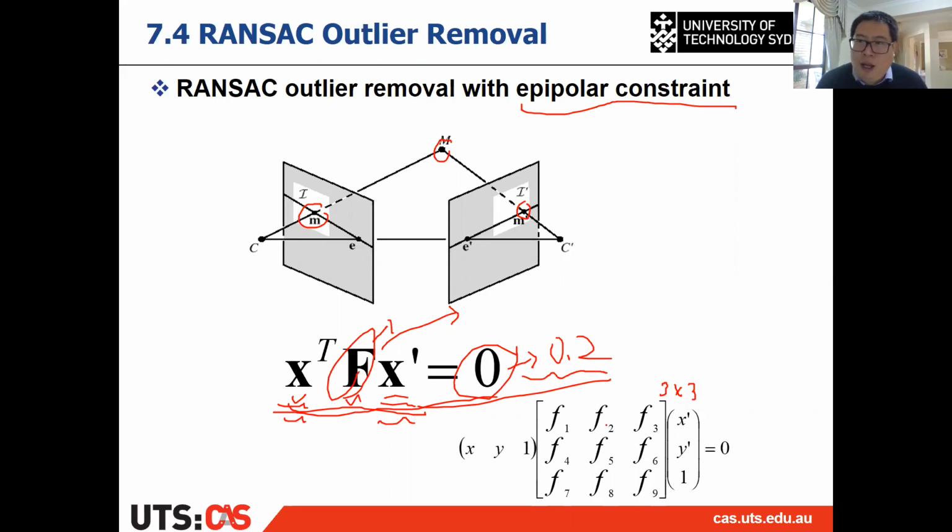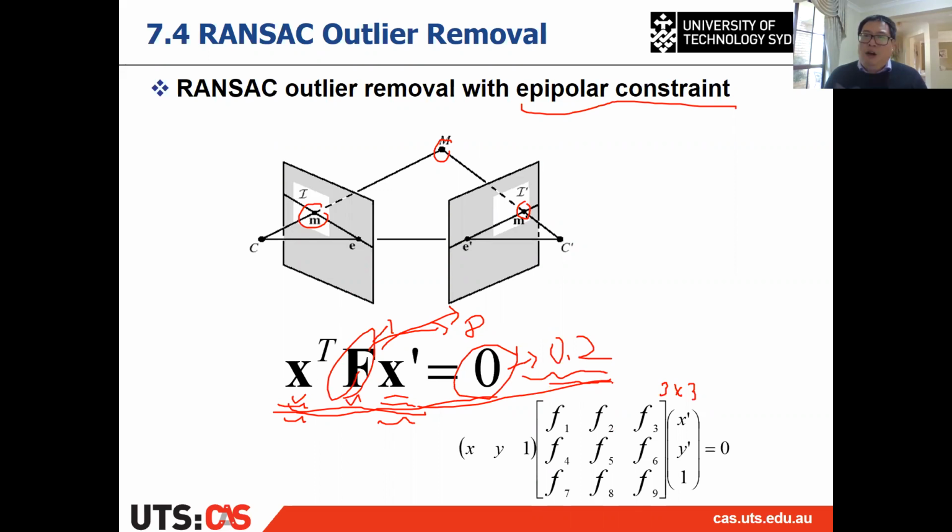And that's your one run. Then you do another run. For the next run, you still randomly select 8 points to calculate another F, and use that F to apply to all the other correspondences and check how many correspondences are within your threshold.